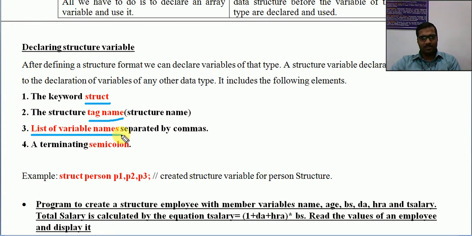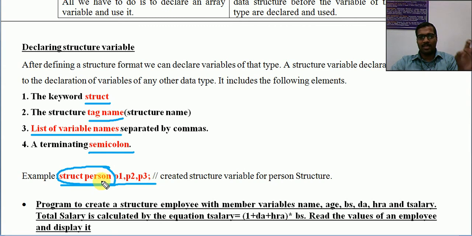If you are having some 10 records to be created, list them out separated by commas, then end with a semicolon. An example can be given like struct person p1, p2, p3 semicolon. Struct person is the data type. It is just like a normal variable declaration, right? Data type, variable 1, variable 2, variable 3. Similarly, struct person is the data type.